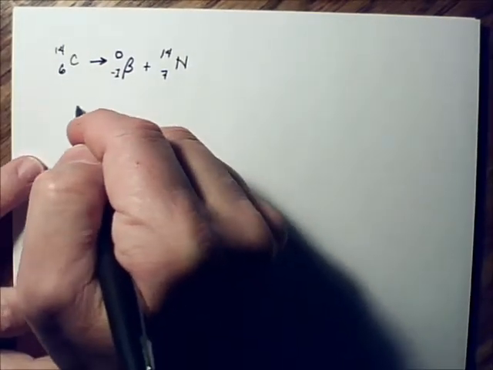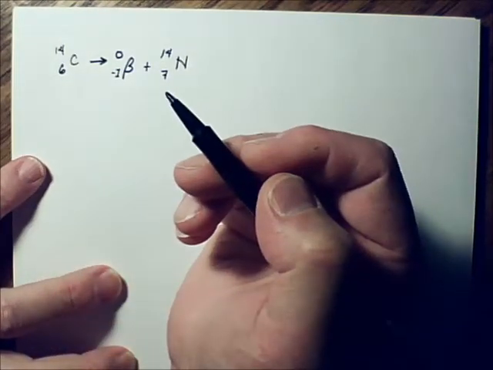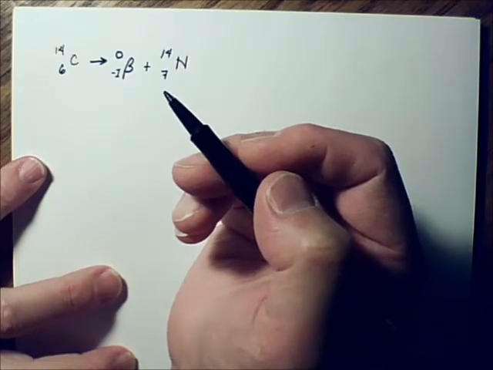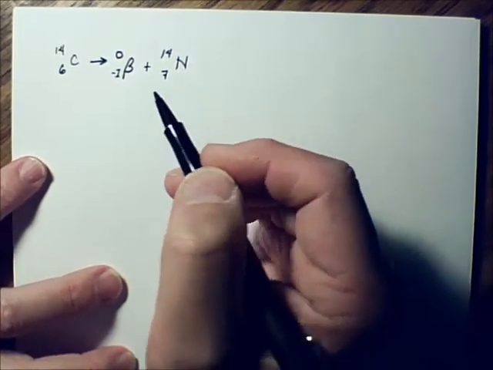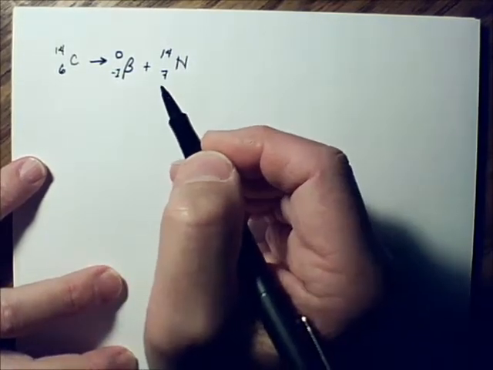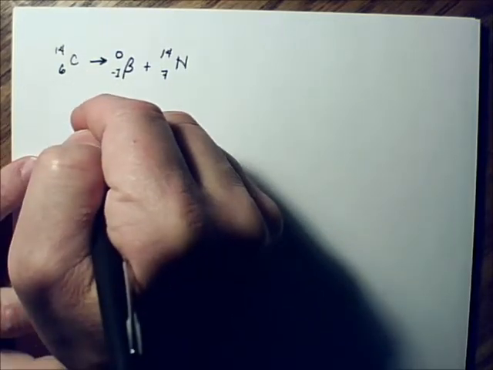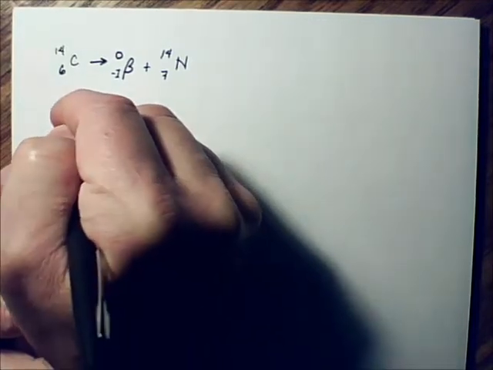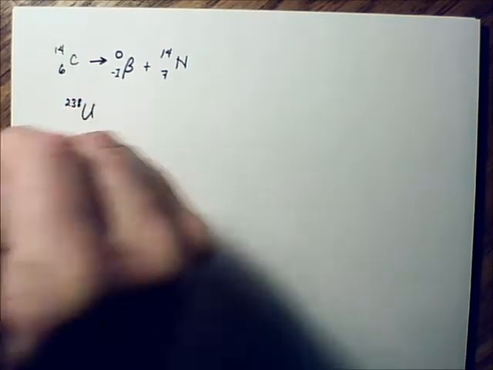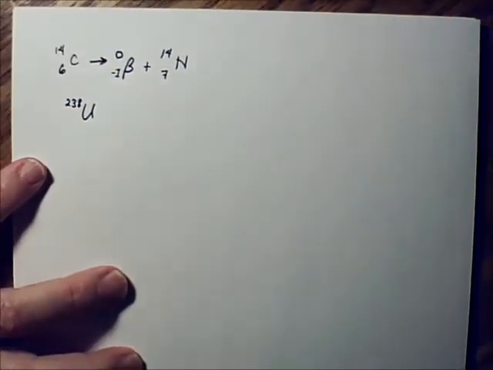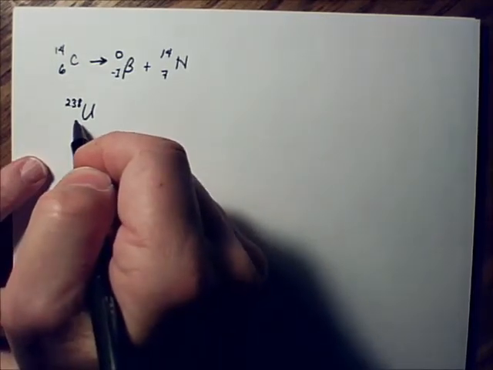Let's see. How about, since what we were working with yesterday was a chunk of uranium ore, and that uranium ore had different isotopes of uranium in it. The most common isotope of uranium is 238. And what's the atomic number, and therefore what number do we put down here in the lower left?